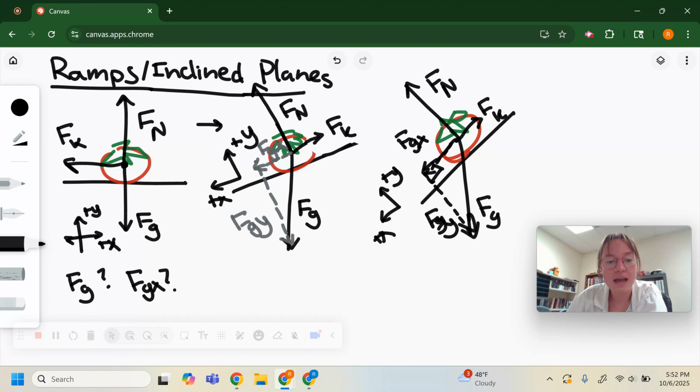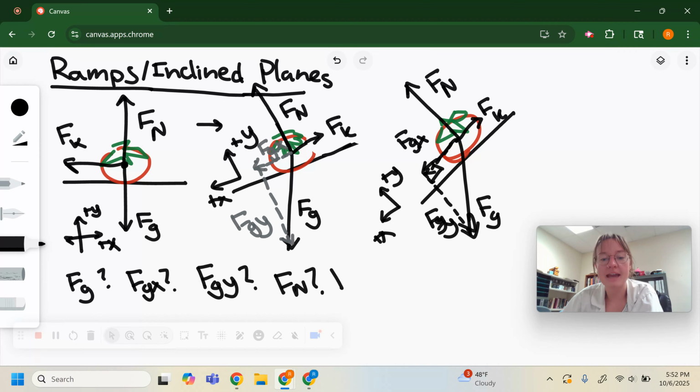What happens to Fgy as our slopes increase? What happens to Fn as our slopes increase? And finally, what happens to Fk as our slopes increase? As you go through each of these, I want you to say, does it increase, decrease, or stay the same? Go ahead and pause the video, take a second, think about it, look at your little pictures, and use your logical brains.